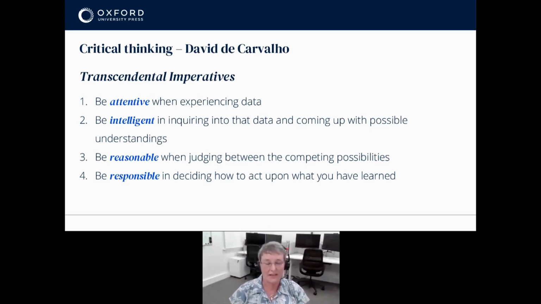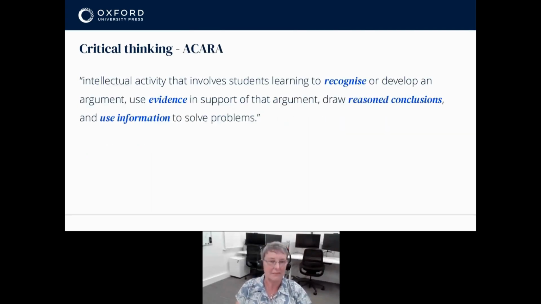Now, these will all sound very familiar to you because we're already doing so much of this in our science classrooms. And it links in with the critical thinking definition that comes from ACARA.